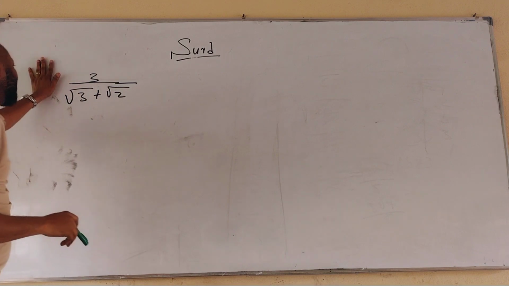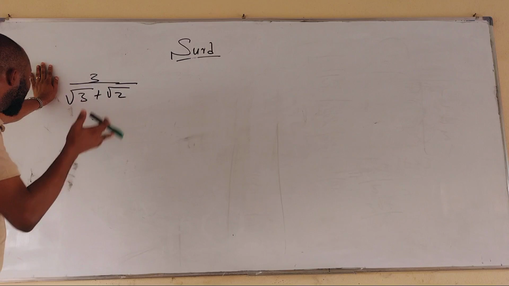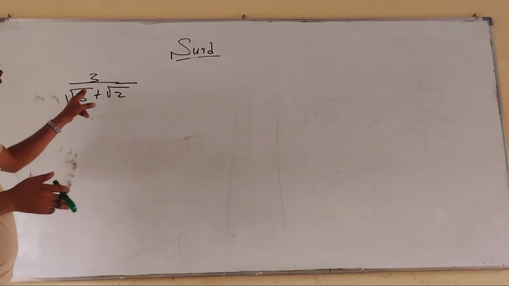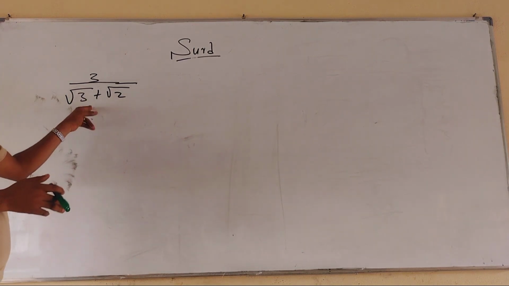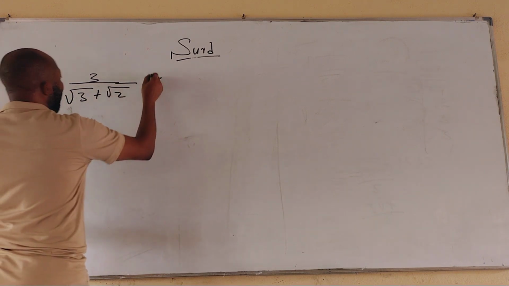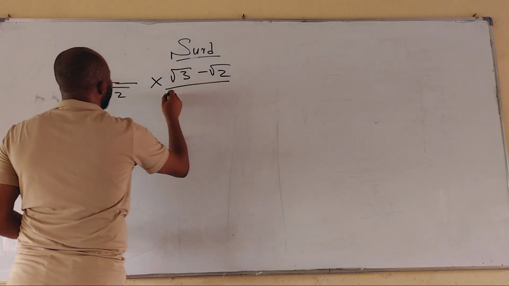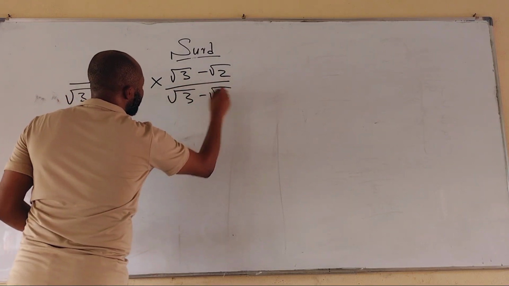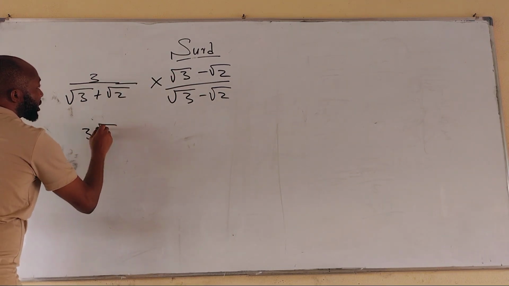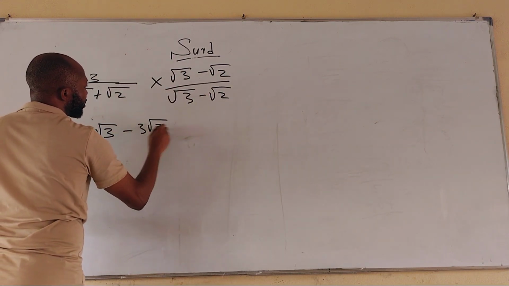In this, we are going to rationalize by multiplying up and down, but at the same time we have to look for the conjugate of this. The conjugate is with a minus. So we multiply by root 3 minus root 2, both up and down. 3 times root 3 is 3 root 3. 3 times minus root 2 is minus 3 root 2.